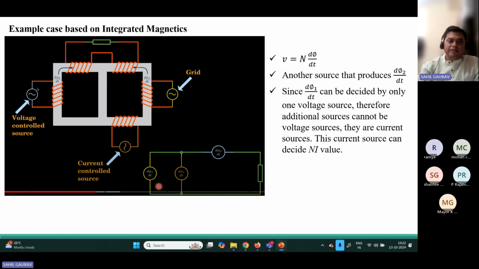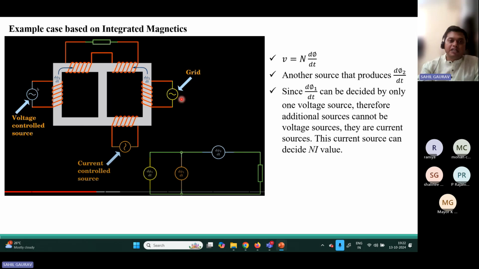Here there will be constant dφ/dt because this flux rate is fixed by this voltage source. While with this current control source, you can change the current in this core, and you can have more power, or you can decide the power flow to this limb.